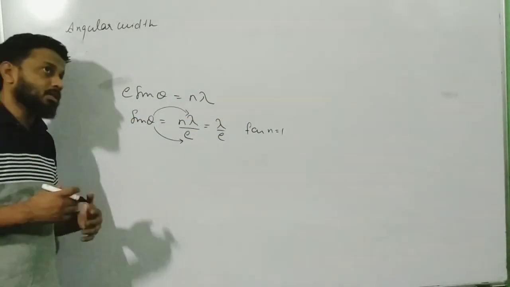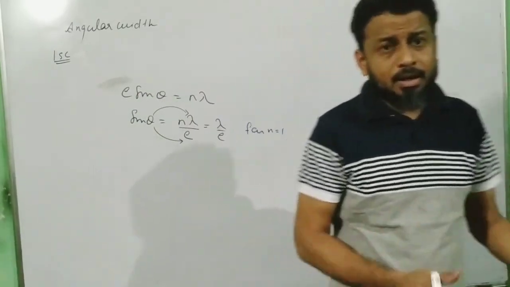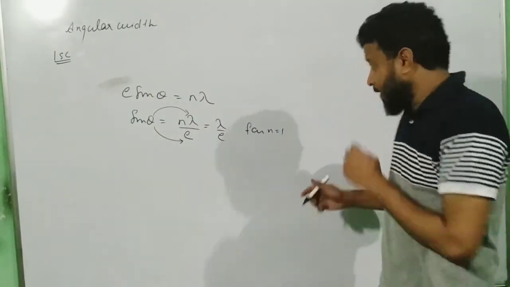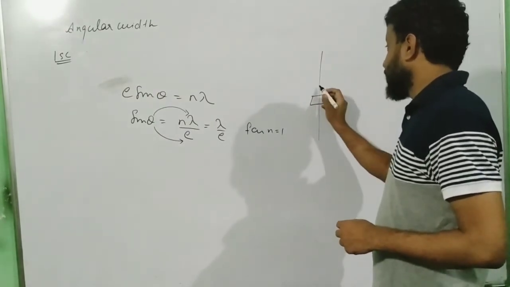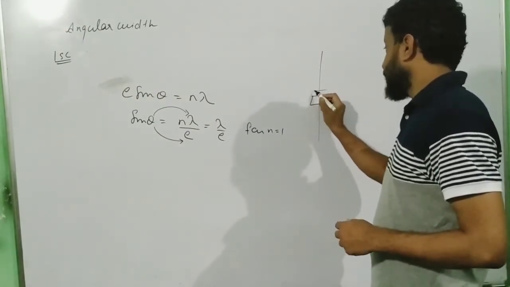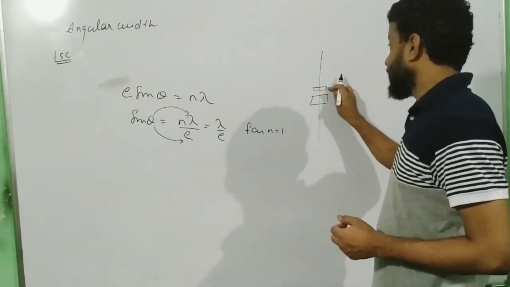If I just have to compare, let us take two colors, violet and red. Violet has the least wavelength. If I consider this to be the central maxima, and I am considering violet over here, then violet's first minima will fall somewhere over here.